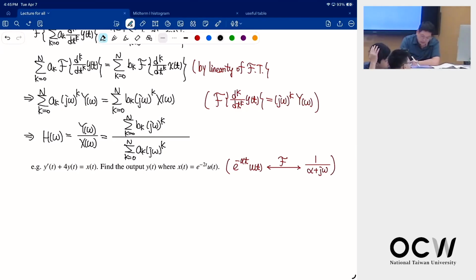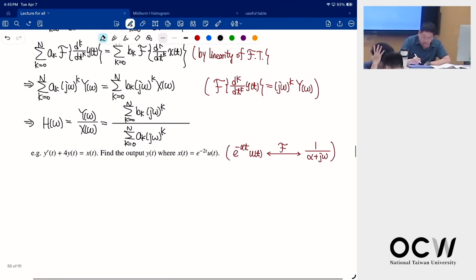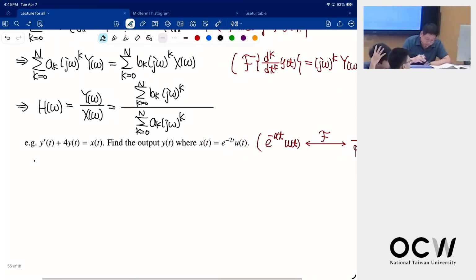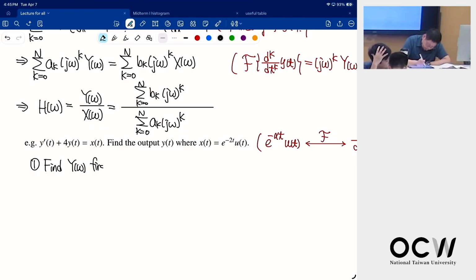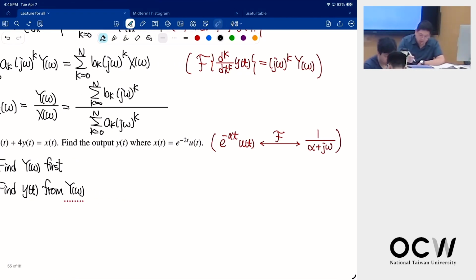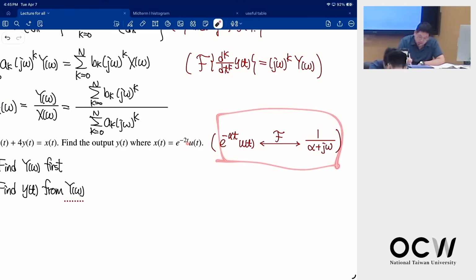So how do we find the output y in time domain? First, we can find the y in frequency domain. And then, if you use the inverse Fourier transform, then you find the output in time domain. You can follow this table, alpha equals 2.